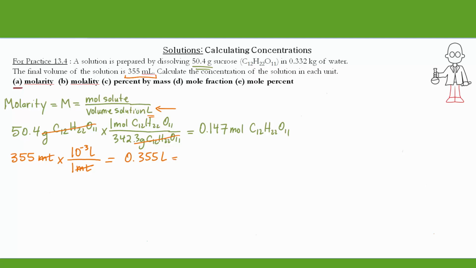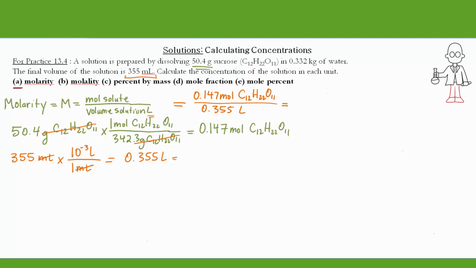So I can calculate the molarity now and say that the number of moles is 0.147 mole of C12H22O11 divided by 0.355 liters.